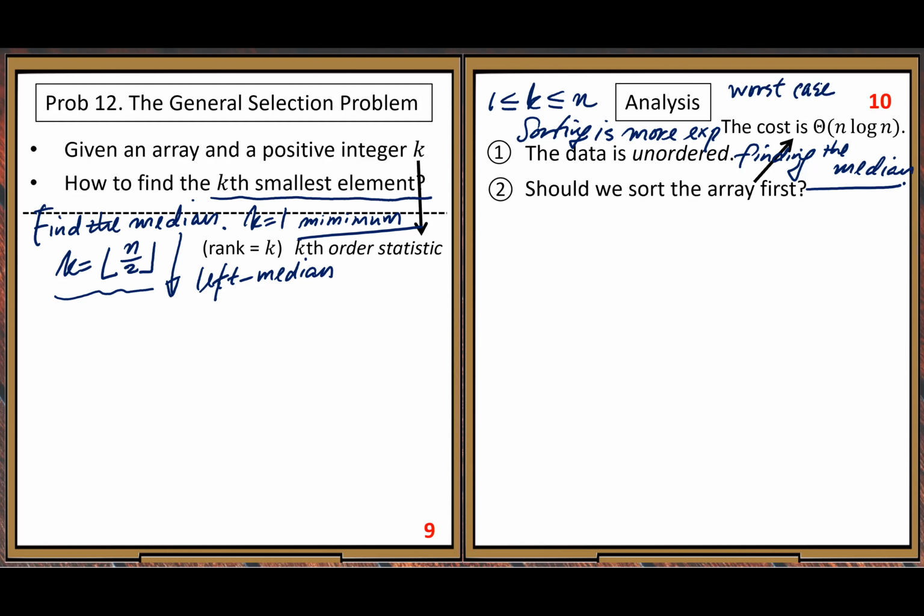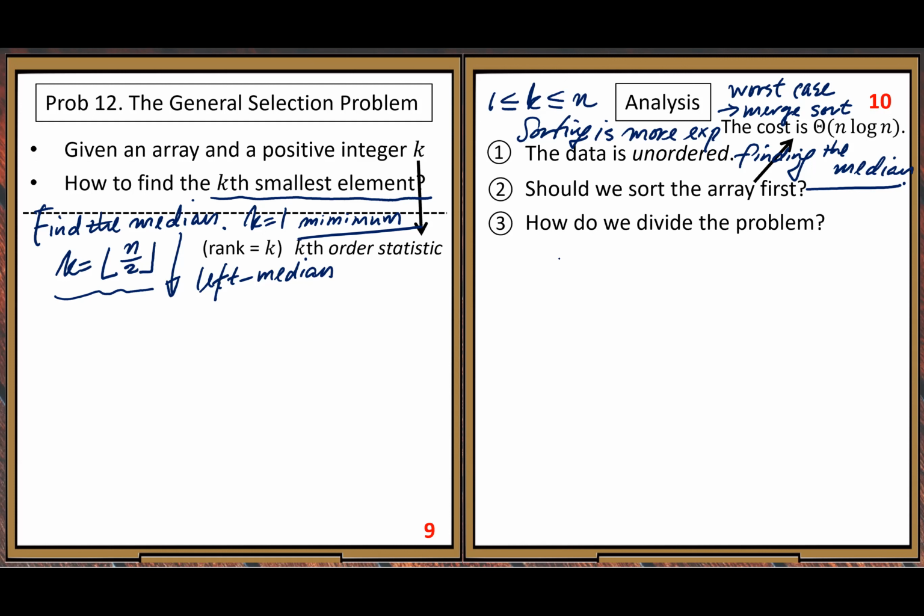Do not use insertion sort. Use merge sort: worst case, n log n. That means in order to solve the selection problem, we do not consider sorting. So we need to find a non-sorting based algorithm.